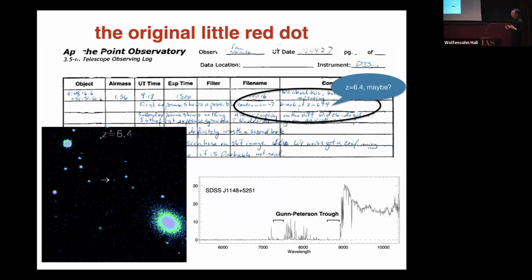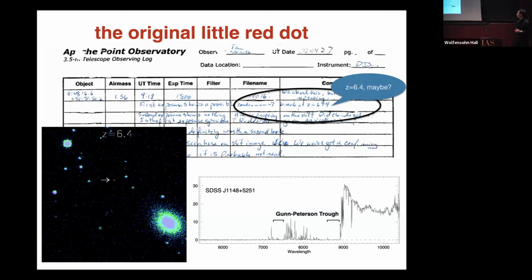And we were starting to follow them up. This is an observing log from 2002 where Michael and I were observing from the basement of Peyton Hall using the APO 3.5 meter. And we found this object, which we immediately recognized was a quasar at redshift 6.4, which at that time was the highest redshift object known. And we immediately called up Jim Gunn, I think in the middle of the night, to tell him that.